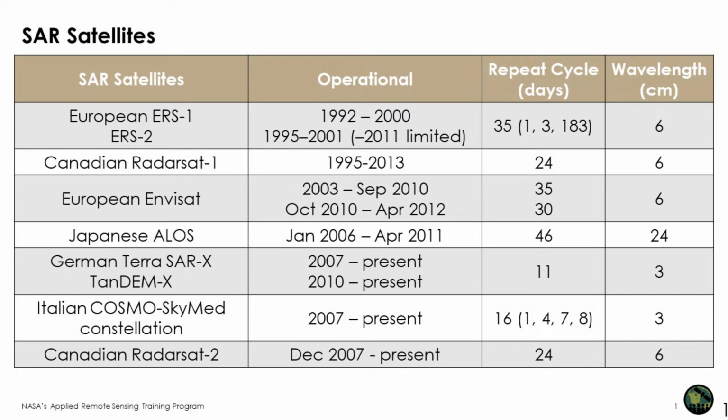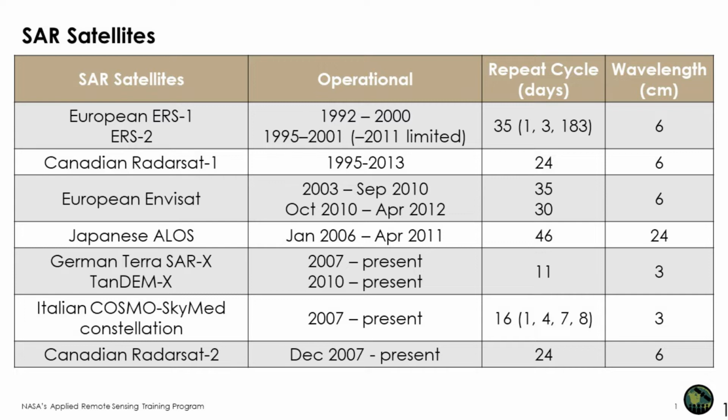The ERS-2 satellite continued to operate until 2011, but after 2001, it was in a degraded state that they couldn't control the satellite as well as they liked, and it's not always useful for interferometry.